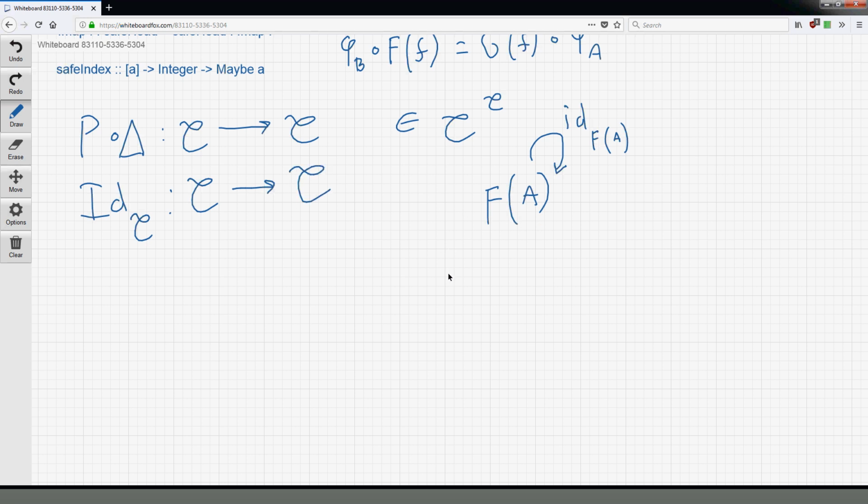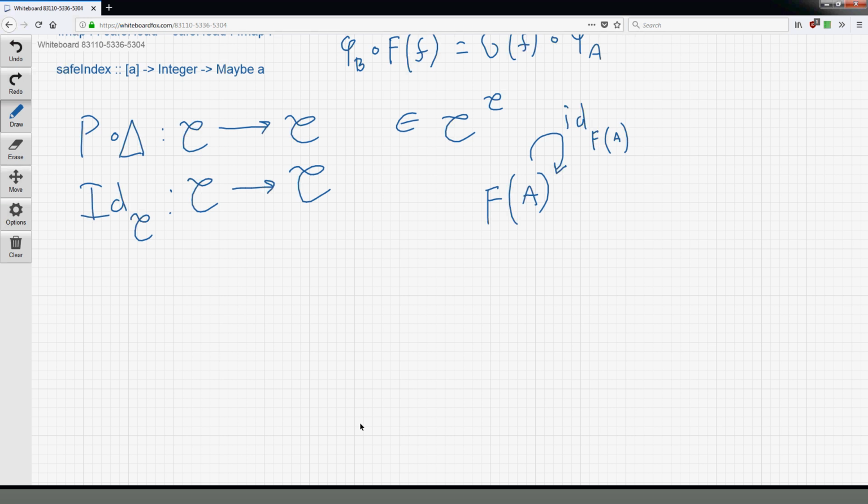Now, if you recall, the principle of equivalence, the principle of isomorphism, states that we don't really consider objects in a category to be equal. We consider them to be equivalent if there's an isomorphism between them. Now, with locally small categories, the morphisms between objects were a set, so we could consider them equal.